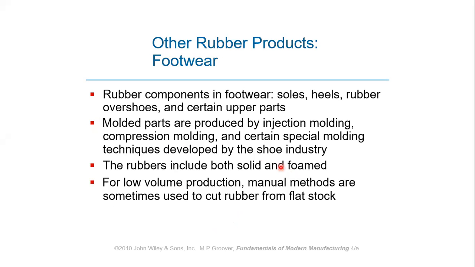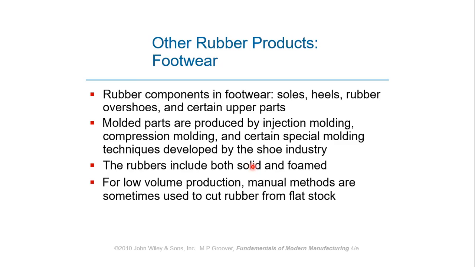In the footwear industry, rubber is used for soles, heels, rubber overshoes. Certain upper parts are also made of rubber, and most of these parts are made using injection molding or compression molding, and certain special techniques can also be used in the shoe industry depending on the requirement of the customer.